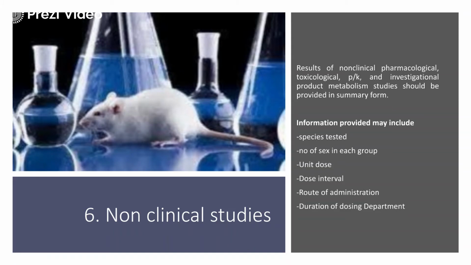It should specifically mention how many species of animals were tested, what was the number of sexes in each group, what was the unit dose being provided to them, what was the frequency of the dose intervals, what was the route of administration, and what was the duration of the dosing. It is a detailed study, it has to be conducted in phases, and groups have been divided for animals and how they are being treated. All these things have to be mentioned in this non-clinical studies report part.